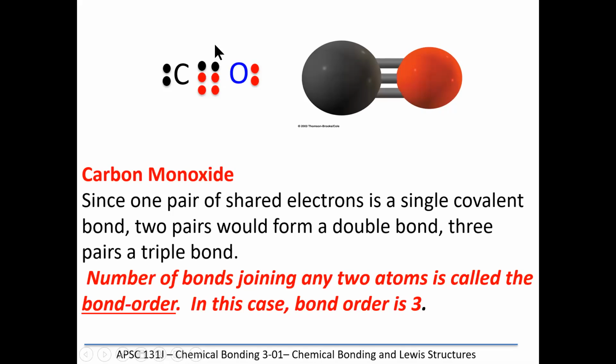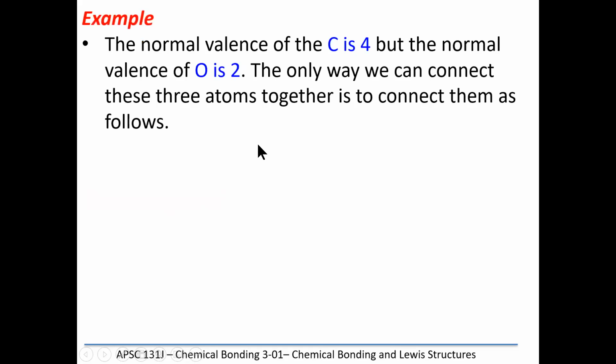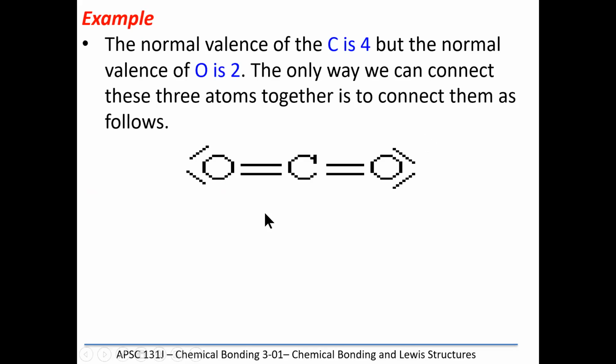Now, the number of bonds between 2 atoms, we typically call the bond order. In this case, the bond order is 3 between carbon and oxygen here for a triple bond. Now, the normal valence of carbon is 4, and the normal valence of oxygen is 2. And the only way we can connect these 2 together, again, is to use double bonds.